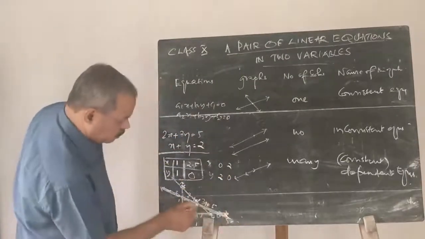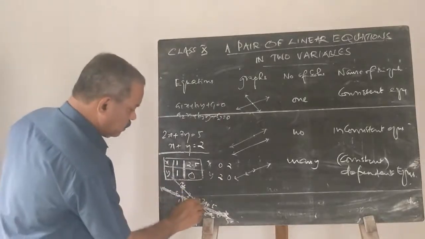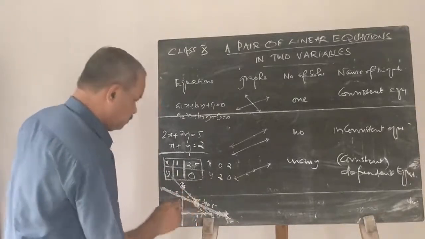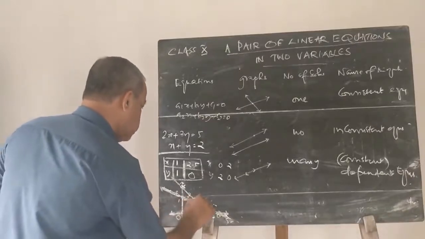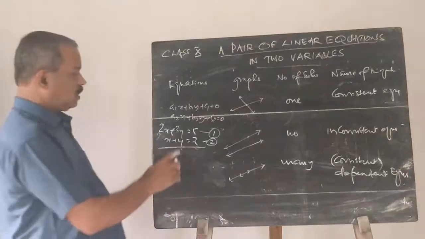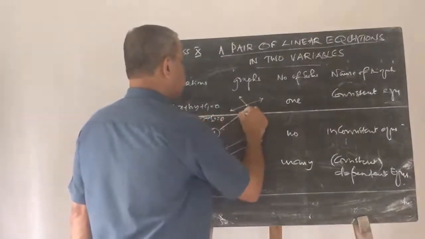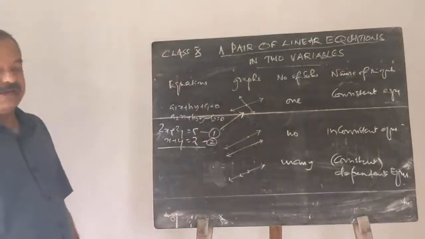This is the graph of the equation x plus y equal to 2. Then we get the graph is an intersecting line whose solution is 1, 1. The graph of these two equations is an intersecting line, and they have a unique solution.